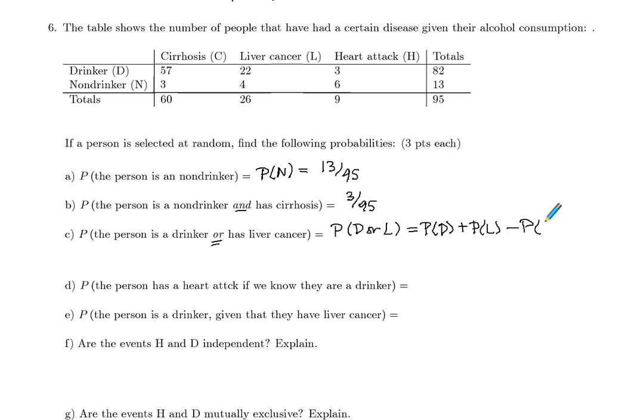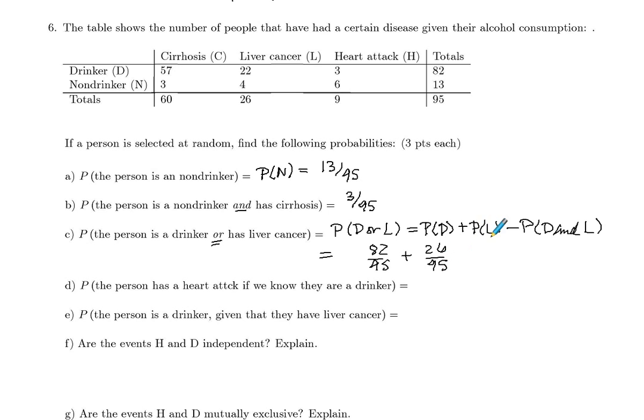So that's probability of D and L. Okay, so the drinkers, there were 82 out of 95. Plus those that were diagnosed with liver cancer, total of 26 out of 95.